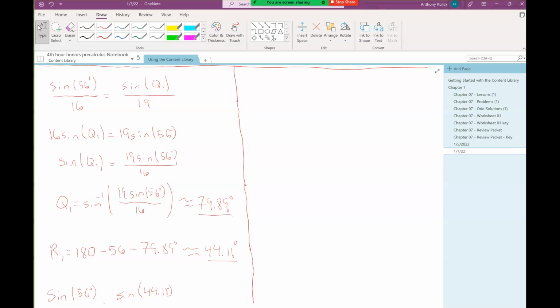Okay, so triangle 2. How do I get started on here? Obviously, if I can get one of the two angles, I'm good to go. Well, here's the trick. Q2 is always going to be the supplement of Q1.